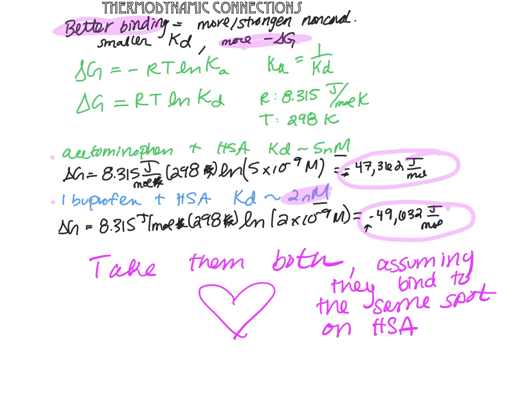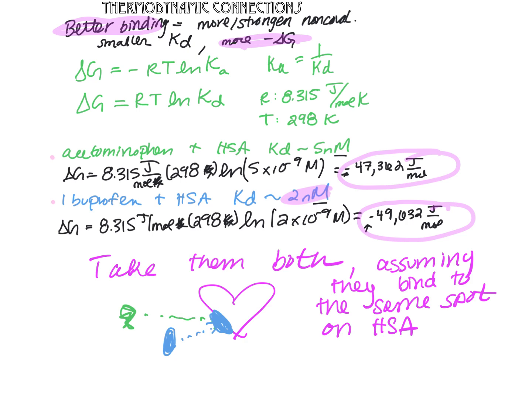Okay, so that means my green acetaminophen and my blue ibuprofen, they're both going and competing for that same location. What that means is that given a solution of all of these things, you'll have more ibuprofen bound to serum albumin than acetaminophen because they're in competition, and ibuprofen binds better, so more of it will be bound to serum albumin.